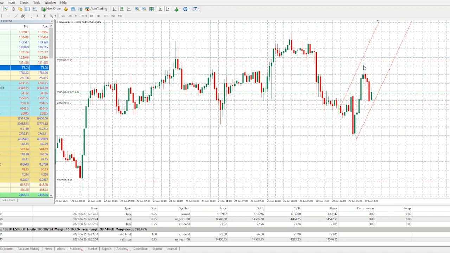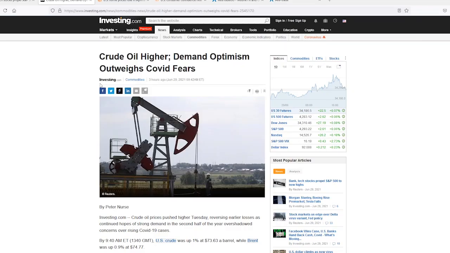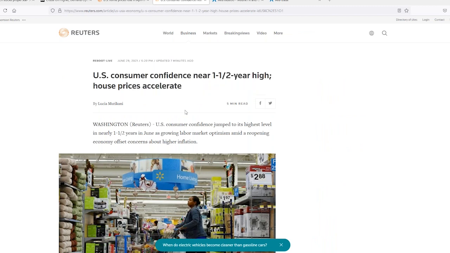And so if you deem oil demand to be up and that oil should rise, and that doesn't come from us, right? That comes from that headline: crude oil higher, demand optimism outweighs COVID fears. We see a slew of green on the markets. We see home prices rising. We see consumer confidence up.